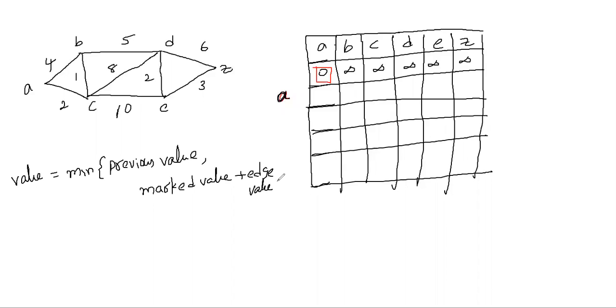So this you remember. There are two values, the previous value comma the marked value plus edge value. That is the value you have to take in each box.